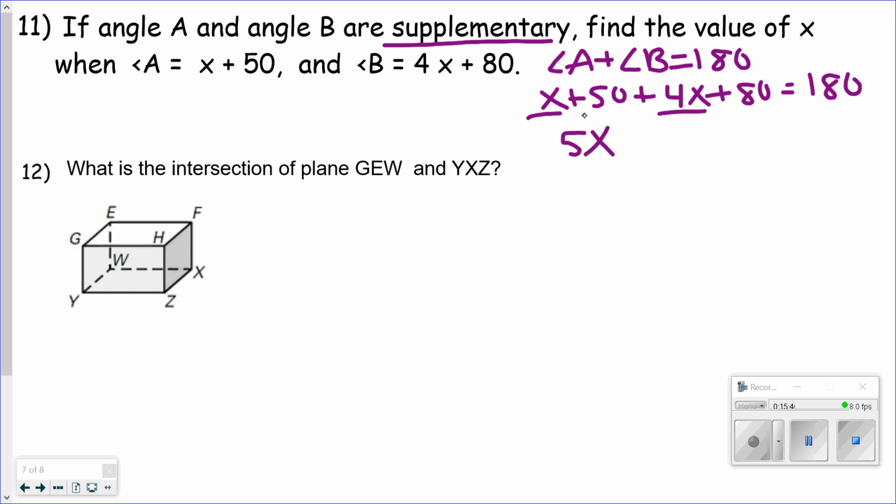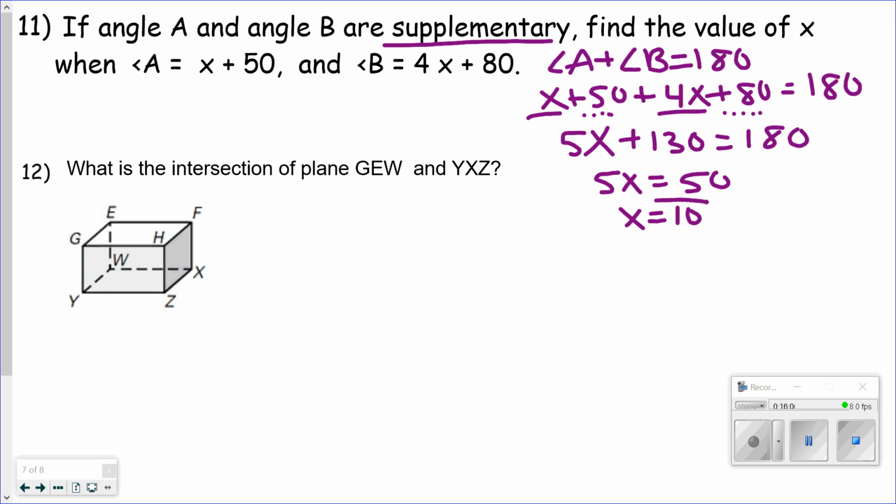All right. Then we have 50 plus 80. So that is 130. We already know it equals 180. Subtract 130 from each side. So 5x is equal to 50. Divide by 5, x is equal to 10.